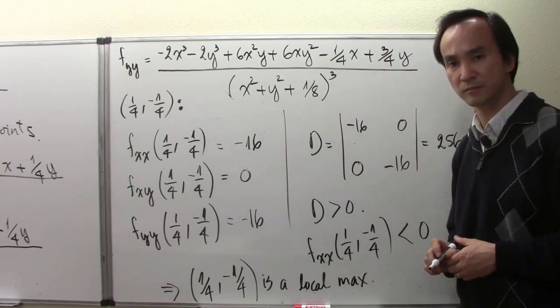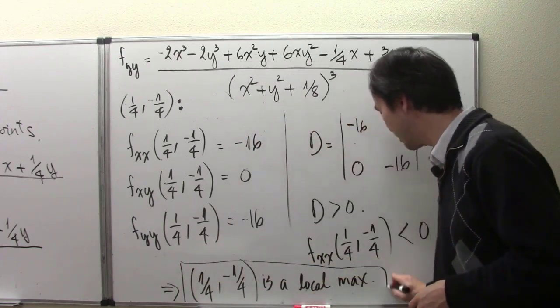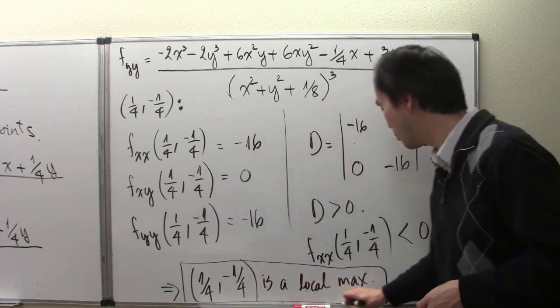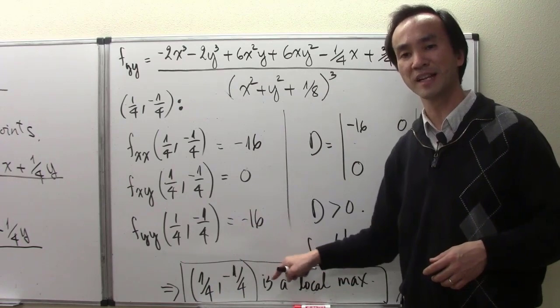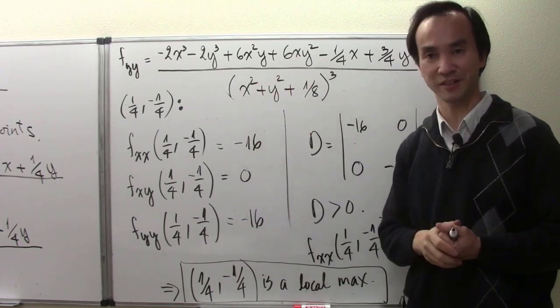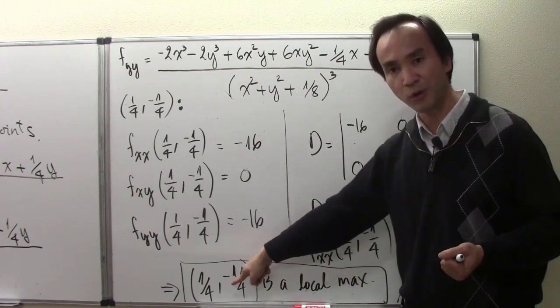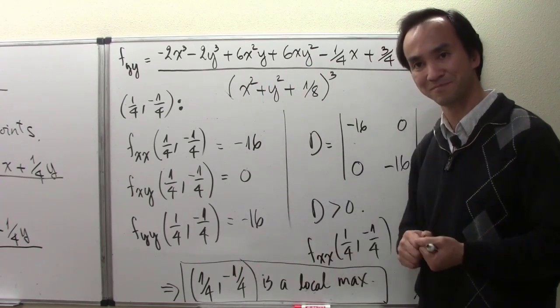So we have classified that. This is how we classified it. This point here is classified as a local maximum. It was a critical point before we did the second derivative test, and now after working through the second derivative test, we classify this point as a local maximum.